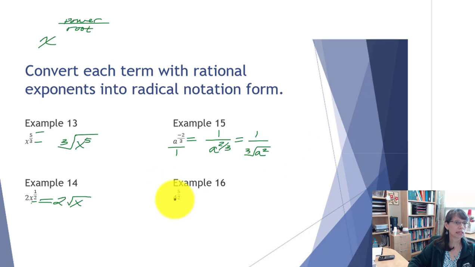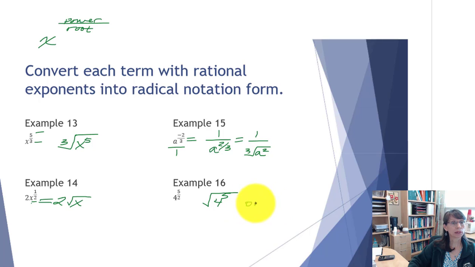In example 16, we have 4 to the 5/2. So we have 4 raised to the power of 5, and then root is 2. That's square root. Now, if we write the problem this way, we're going to have to take 4 and multiply it by itself 5 times, and we're going to have a really large number that we'll need to take the square root of.